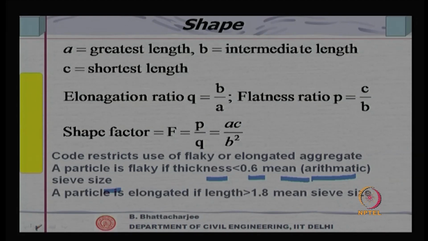If it is elongated, the length is more than 1.8 times the mean sieve size. So, you allow it to pass through some sieve and find out its longest dimension compared to the sieve size, because it can still pass through the sieve vertically. If the length is more than 1.8 times, then we call it elongated.